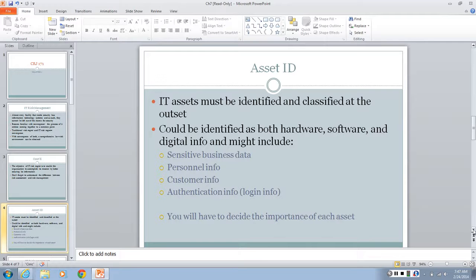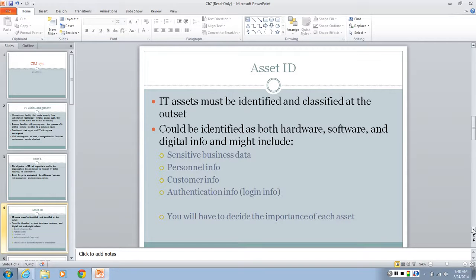And if the authentication information gets out, then somebody can just log into the system and get whatever they want to get out of the system, and it's going to look like it was an employee doing it instead of a hacktivist, if you will.